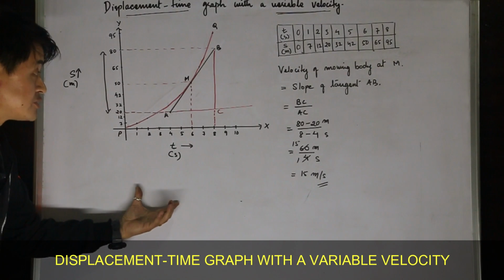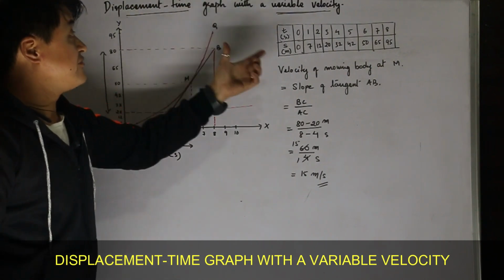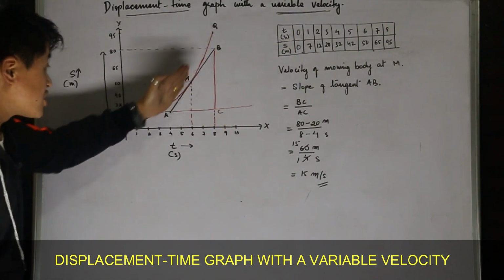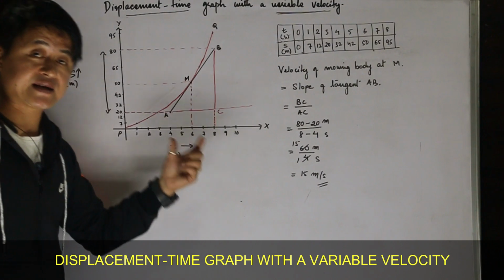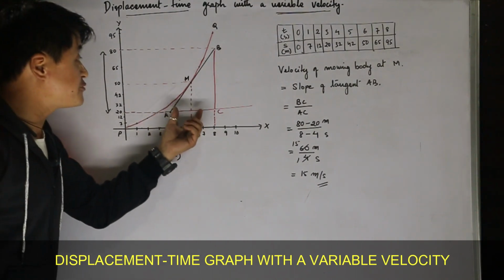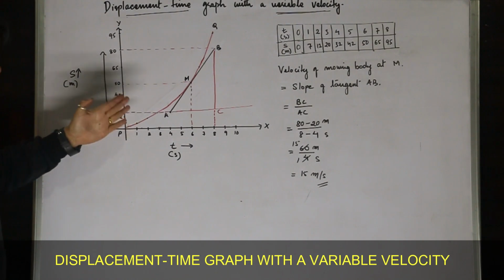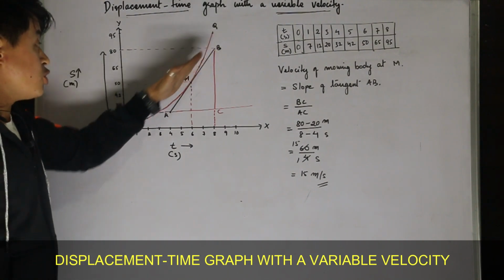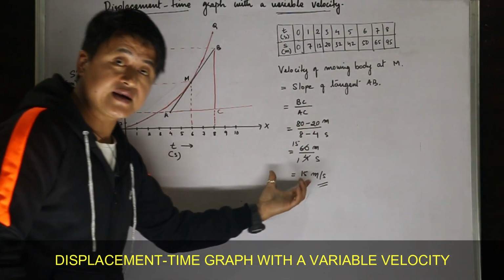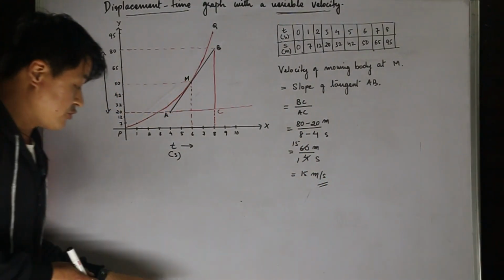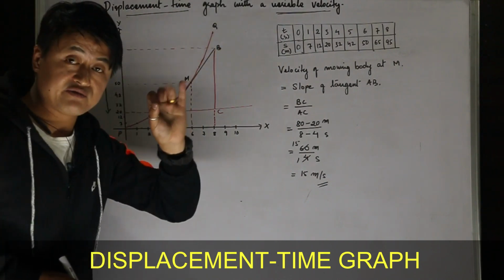So what we have understood is that for a displacement time graph, variable velocity is a curve. And if we have to know the velocity of a body at any instant, we have to draw a tangent at any point on this curve, and by finding the slope of that tangent, we can find the velocity of the body at that instant.